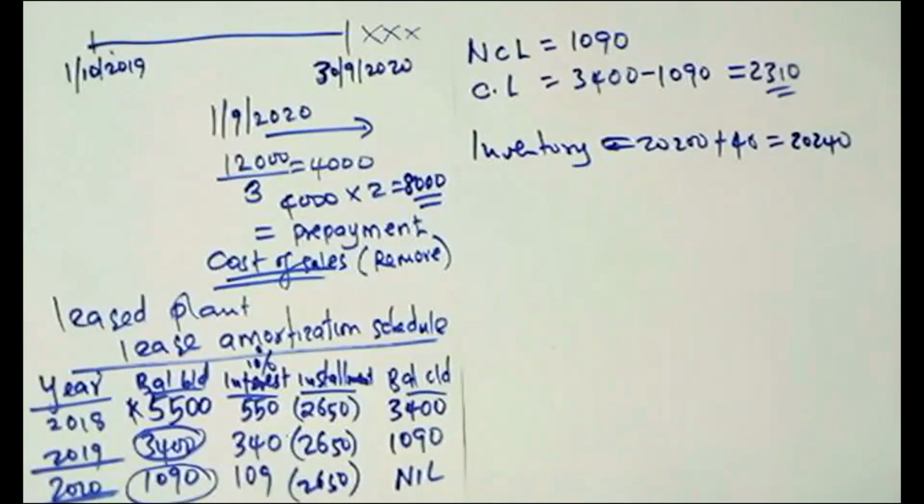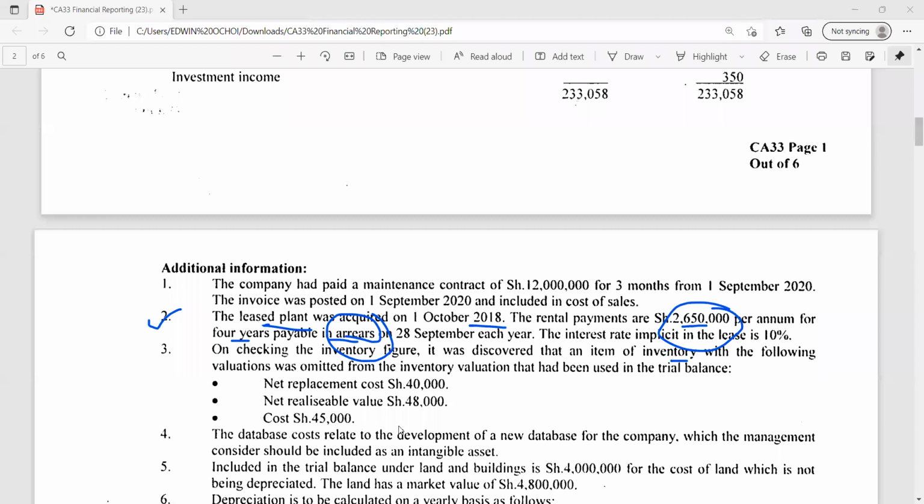Even if I compare with the other costs, you will find that the 20,240 will remain the lower. After adding the 40 back to the inventory, I compare my relevant value of the inventory with these costs and the net realizable value. You will find that 20,240 is the lower among these figures.